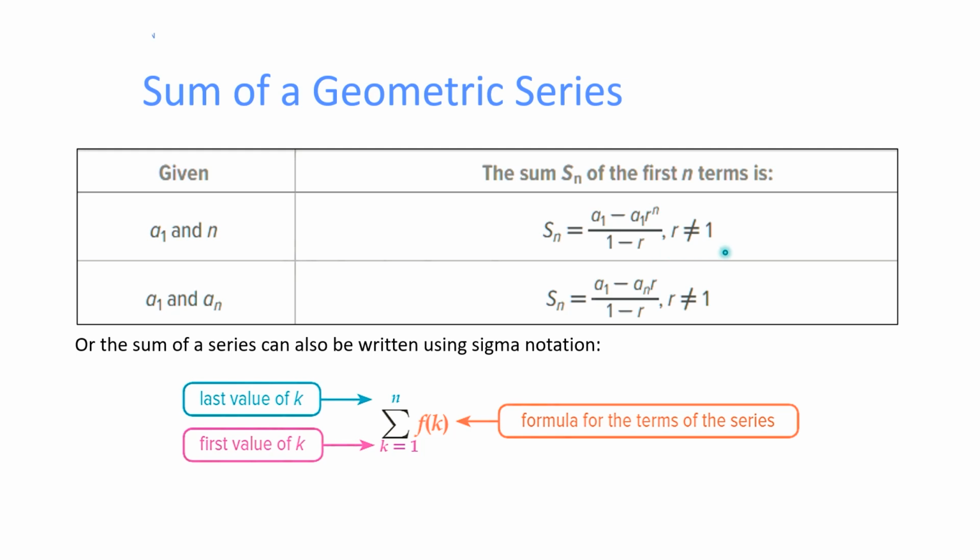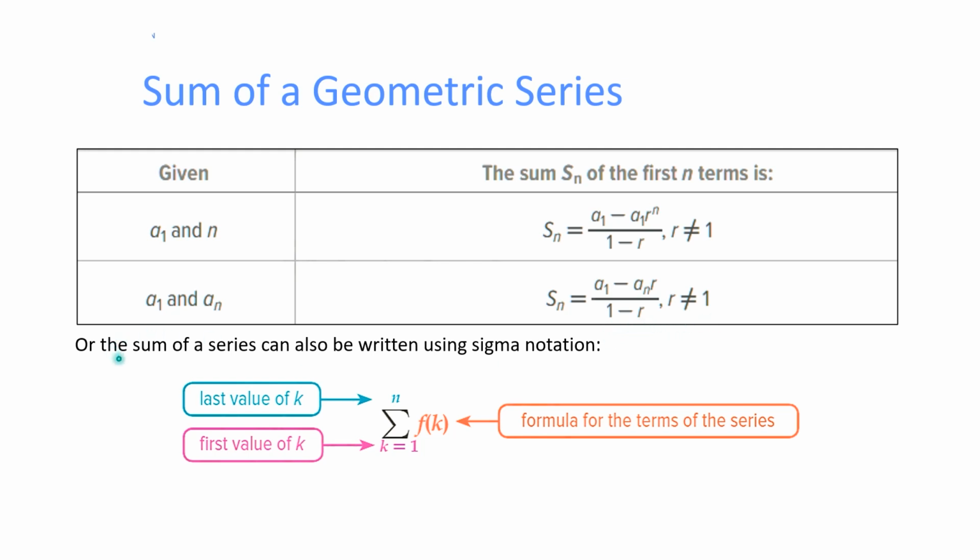Here r is not equal to 1. If we are given a1 and an, we can find the sum Sn by using this formula which states Sn equals a1 minus an times r over 1 minus r. Again, r cannot be equal to 1.